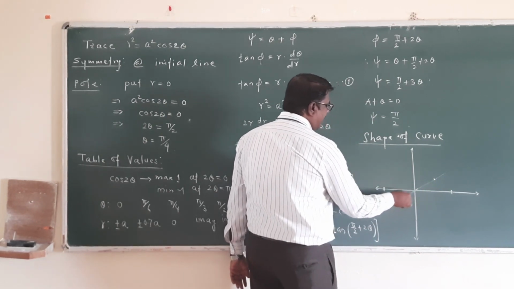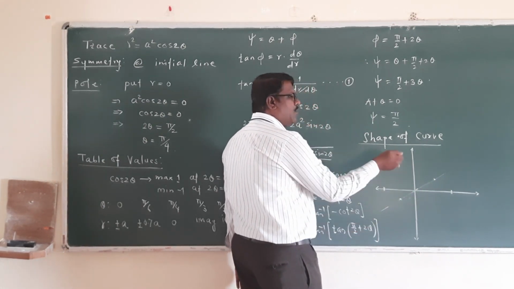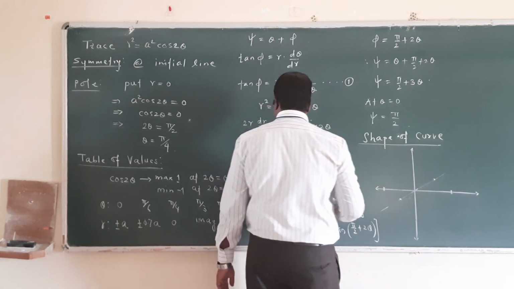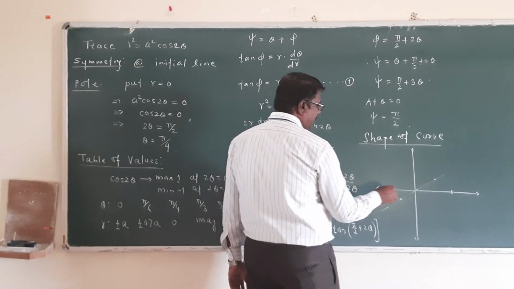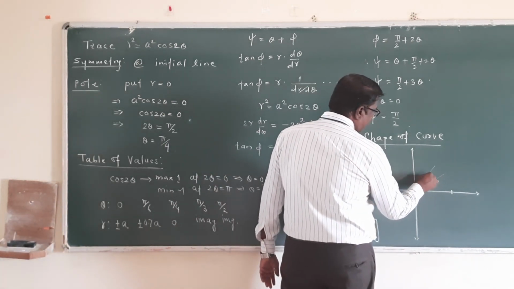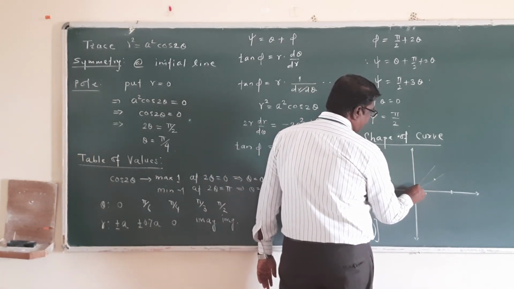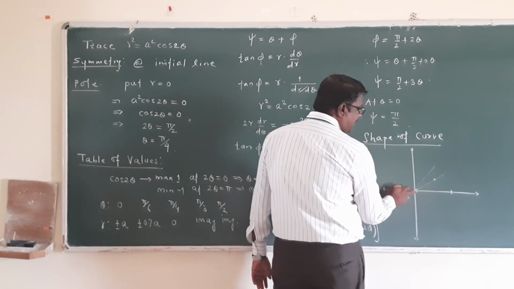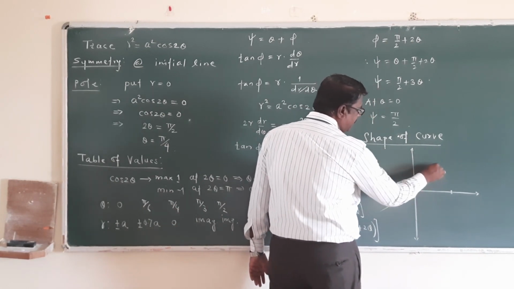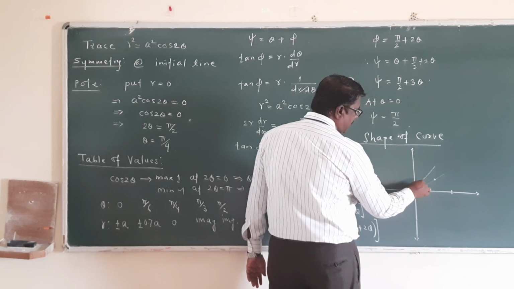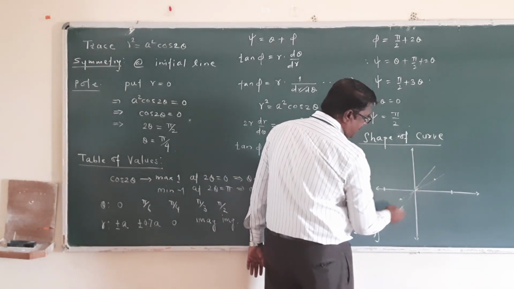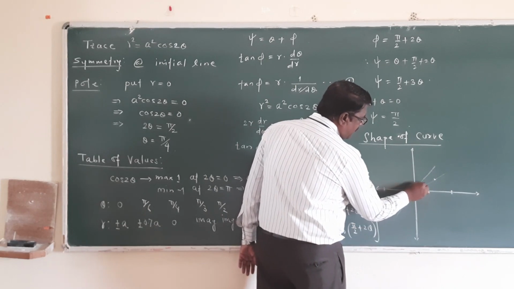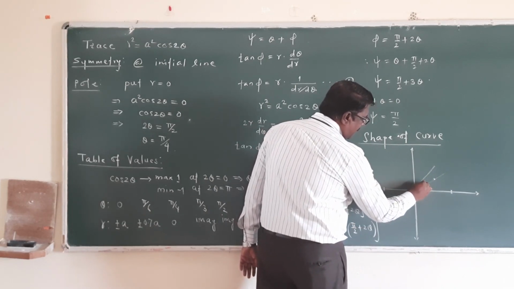Okay, so minus sign indicates it is a positive distance in the opposite direction. Next, when theta is pi by 4, r is 0. It means the tangent at pole is this line. Okay. Now, if this line is tangent at pole, the curve will have a shape like this.